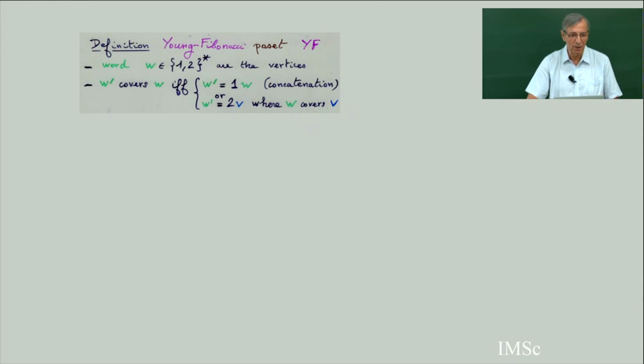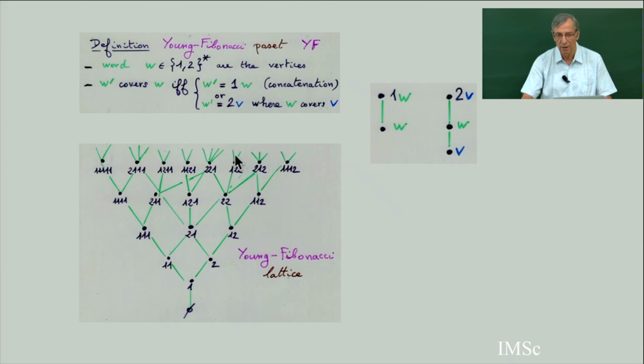Then there is some extension: we have seen that the Young lattice is a differential poset, and there is some extension to other posets. This is the Young-Fibonacci lattice, for example. There is a certain order relation. This is a certain lattice, which is here.